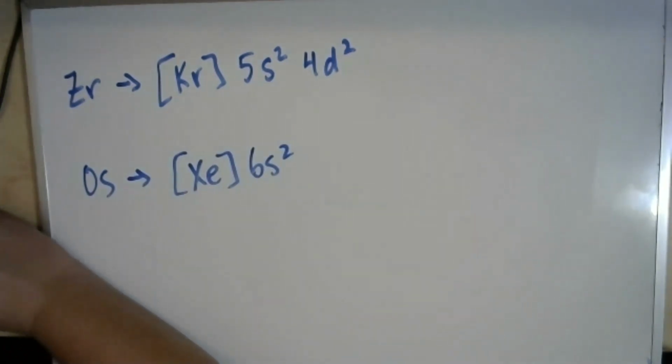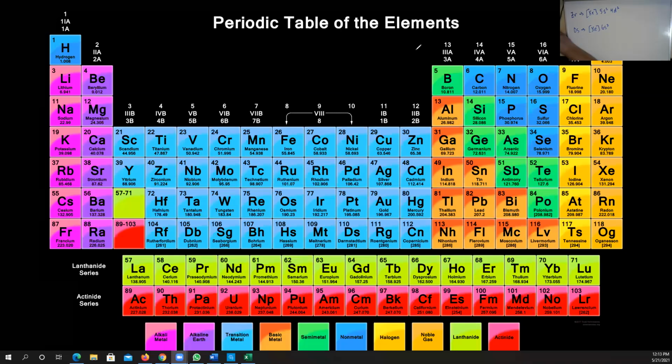Before I get to the rest of my D block, I'm going to run into that lanthanide series. Let me just pop up that share screen again to show you what I'm talking about. So I'm in my 6th row here, and this is 6s2, but before I can get into my D electrons, I have to deal with this lanthanide series.